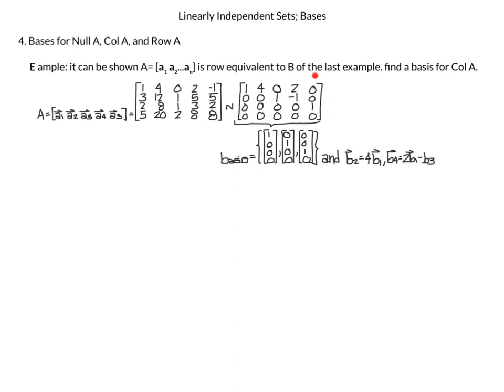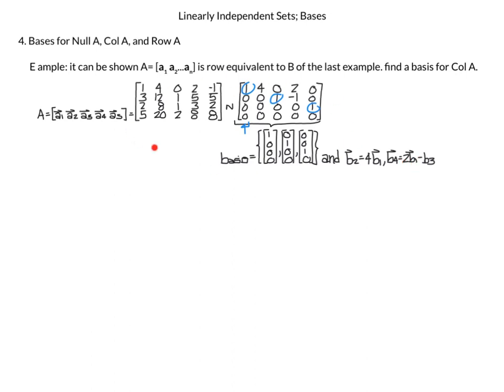And we're saying that this is row equivalent to B from our last example. And from our last example, we took these pivot column vectors to be our basis. And we noted that B2 was equal to 4B1, and we solved to find that B4 is equal to 2B1 minus B3.